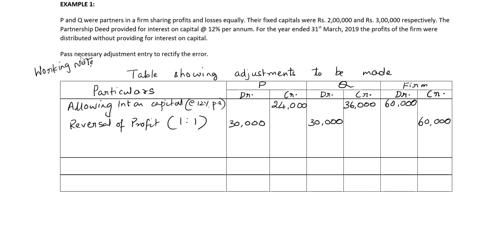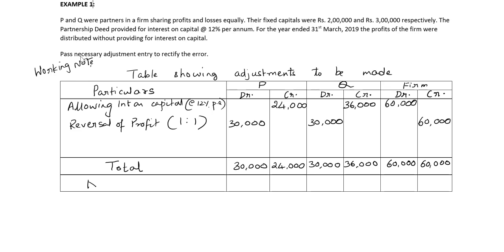So the next step is to ascertain the total of each of these partners and the firm. 30,000, 24,000, 30,000, 36,000, the firm total 60,000 and 60,000.